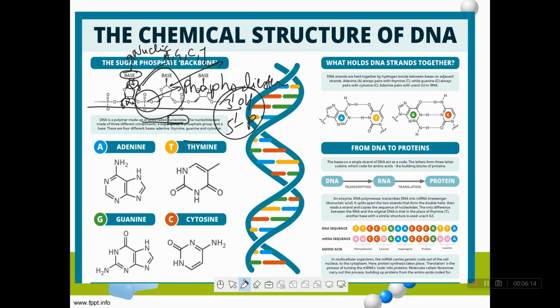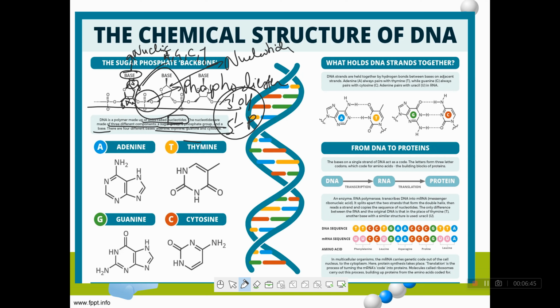One unit is called a nucleotide, which contains a base, a phosphate group and a sugar. The nucleotides are made up of 3 different components: a sugar group, a phosphate group and a base. There are 4 different types of base: adenine, thymine, guanine and cytosine.